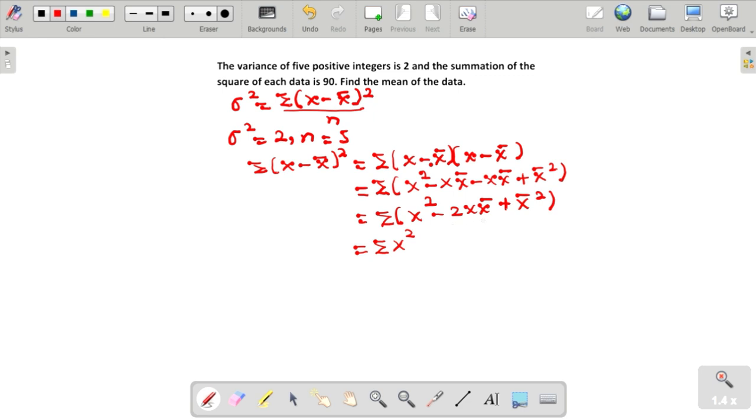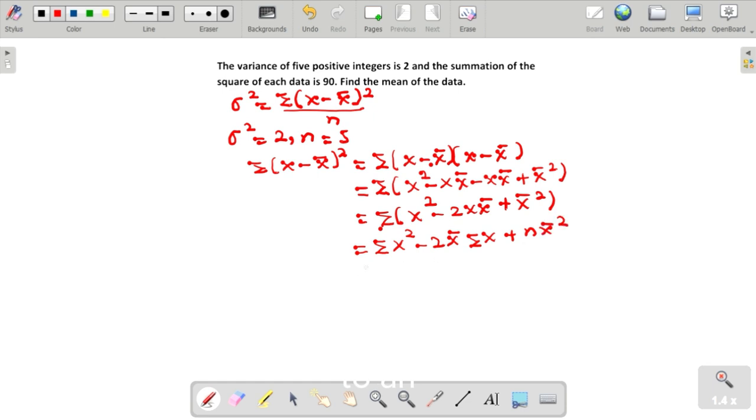Now here, the mean is a constant. So here we have minus 2 x bar, and the summation will only be applied to x, that is summation x, plus. Now if the summation is applied to x bar, which is also a constant, it becomes n x bar square.